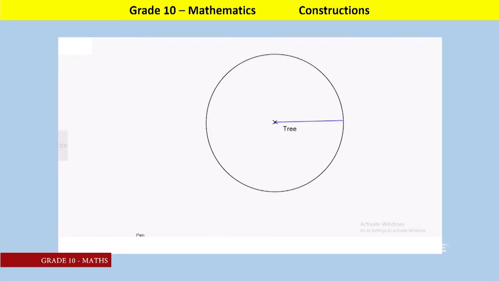So, the maximum distance is 5 meters. So, radius is 5 meters. Hope you have done with me. Let's try another question.